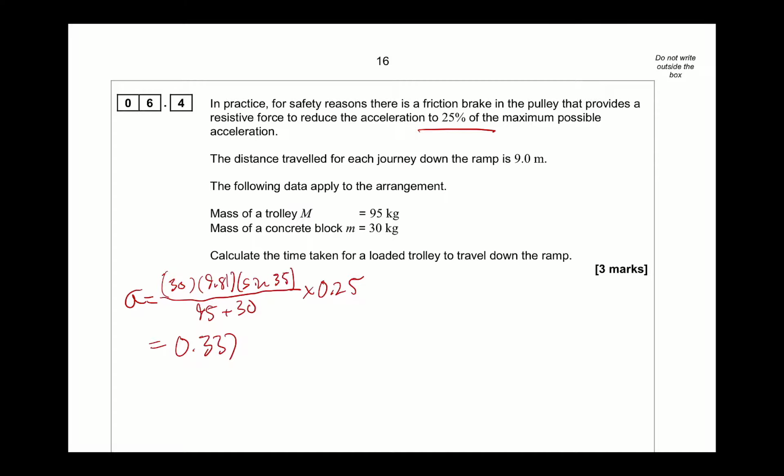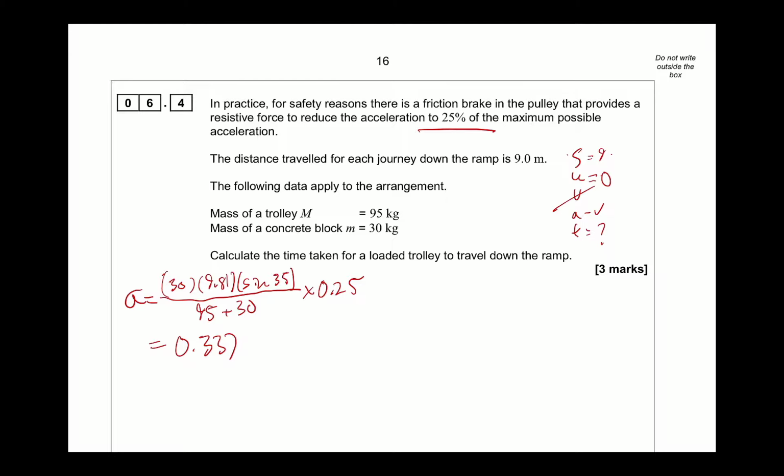Okay, so what I need is, I know distance, I know an initial velocity is 0, I know my acceleration, I don't know my final speed, and I know my distance is 9.